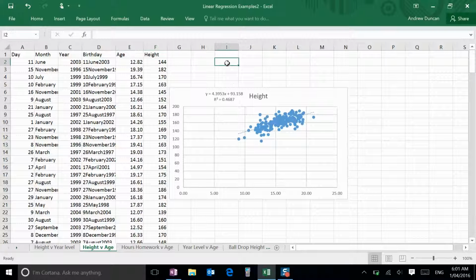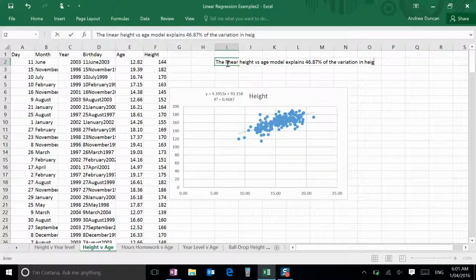So again, we can write: the linear height versus age model explains 46.87% of the variation in height. Which I think is pretty good, 46%.